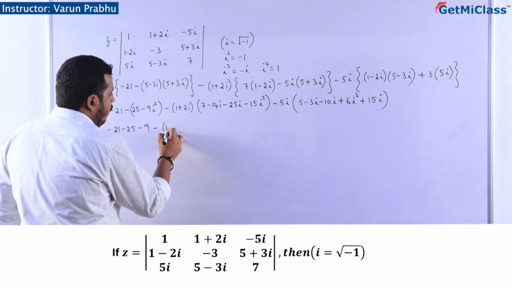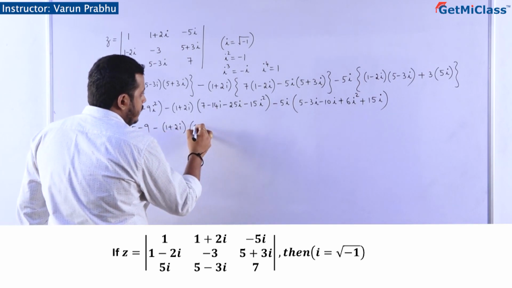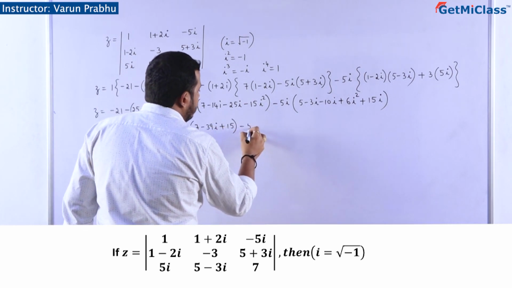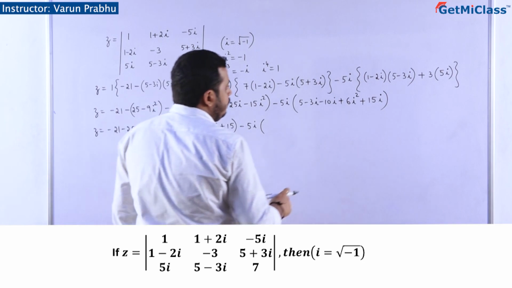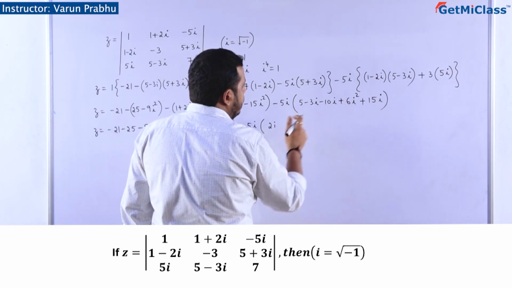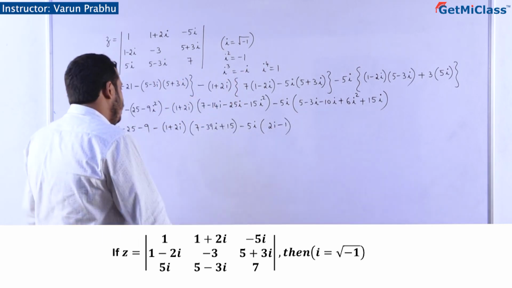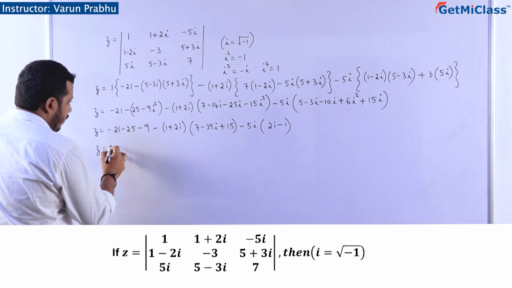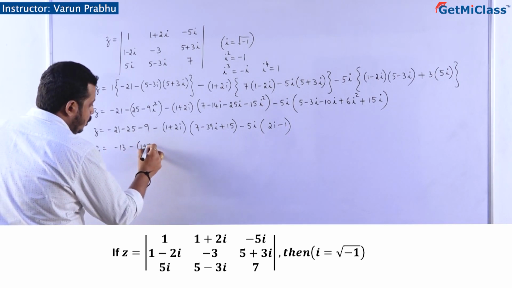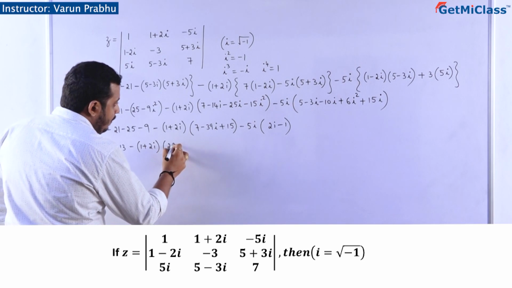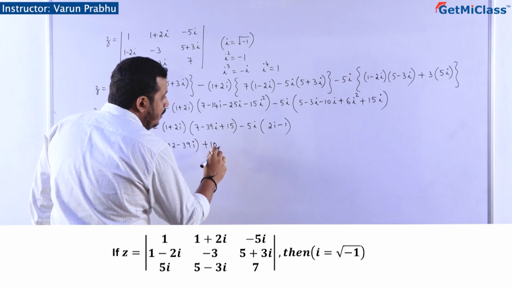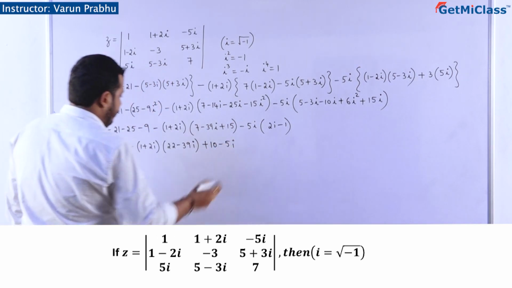Then minus of 1 plus 2i, 7 minus 39i plus 15 minus 5i, into minus 13 plus 15 will be 2i, 5 minus 6 is minus 1. So what is this answer that we get? Z is equal to minus 4 minus 9 will be minus 13, minus of 1 plus 2i multiplied by 15 plus 7, 22 minus 39i minus 10i square, which is nothing but plus 10, and minus 5i.